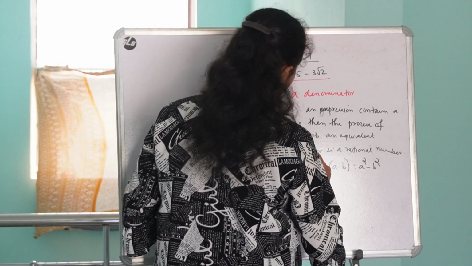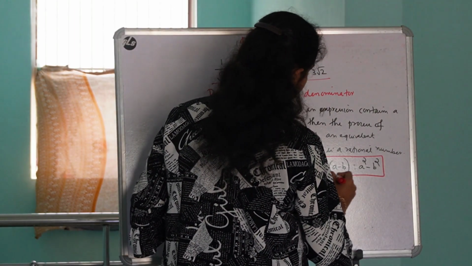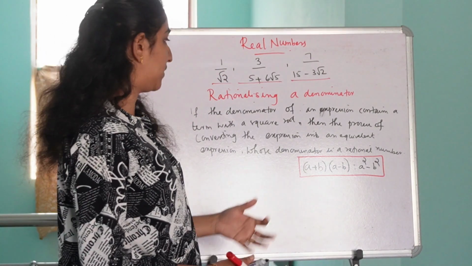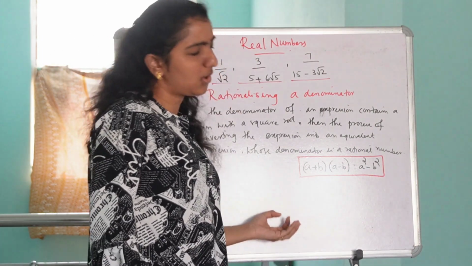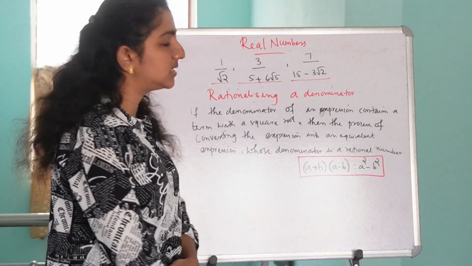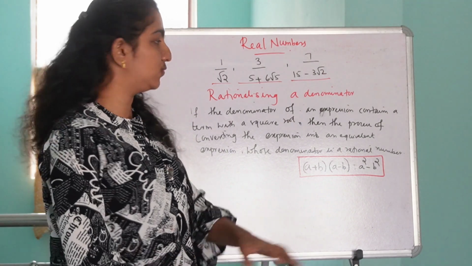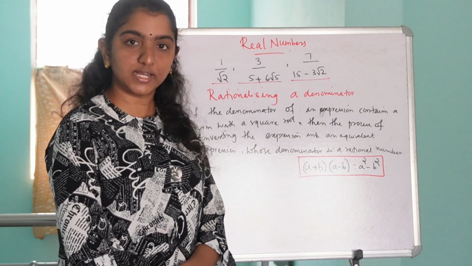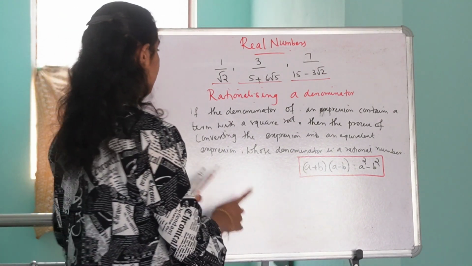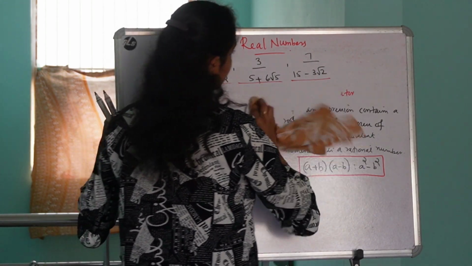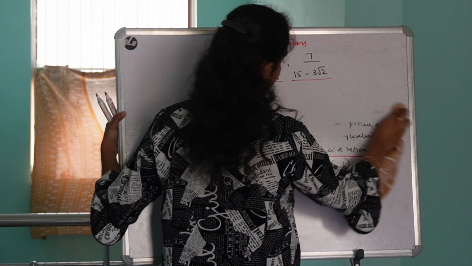Yes, actually we use this identity for finding the value. Or else we can say we use this identity for rationalizing the denominator. Okay, let's see how we rationalize a denominator using this identity.